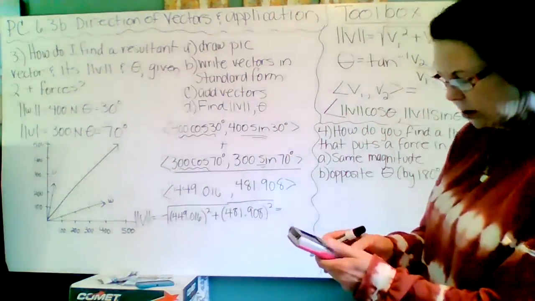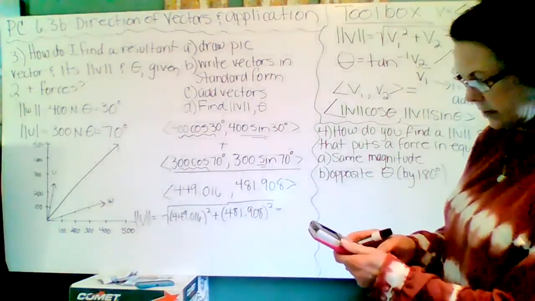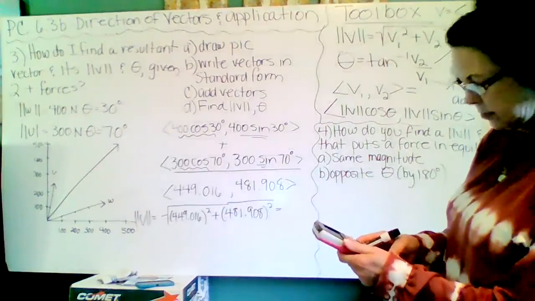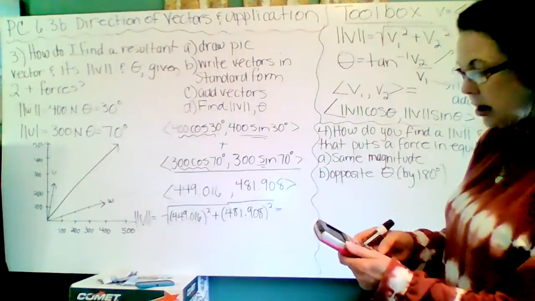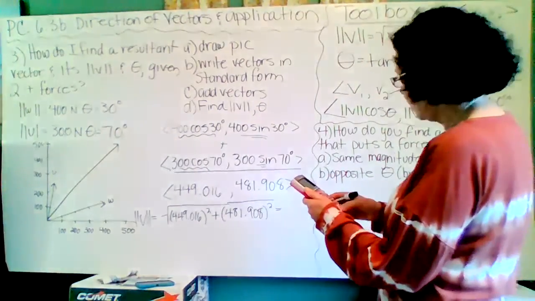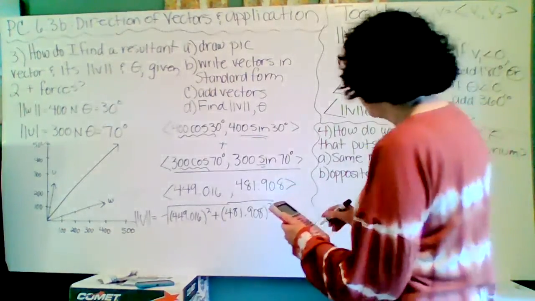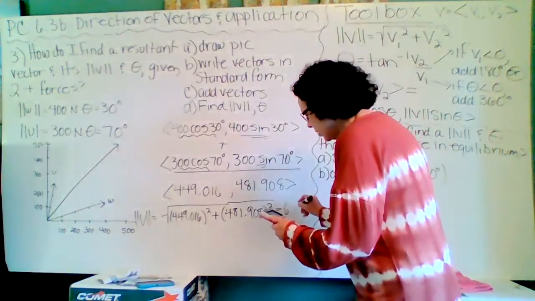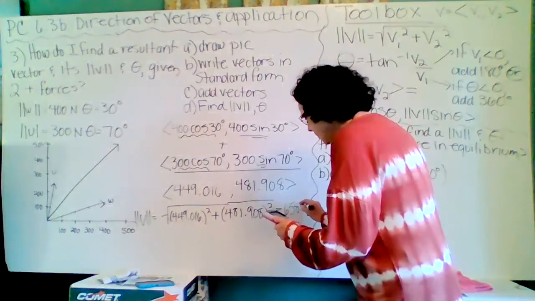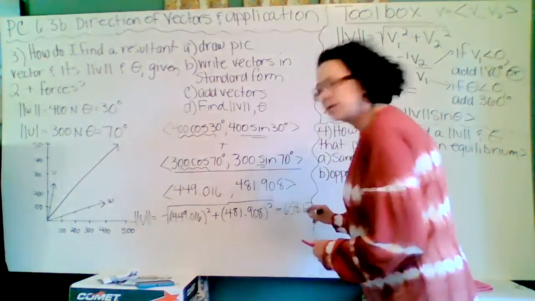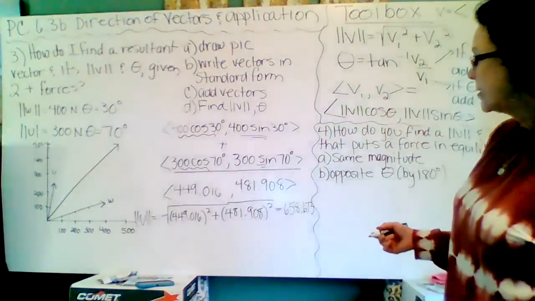So, square root of 449.016 squared plus 481.908 squared. There we go. That's a magnitude of 658.673 newtons.